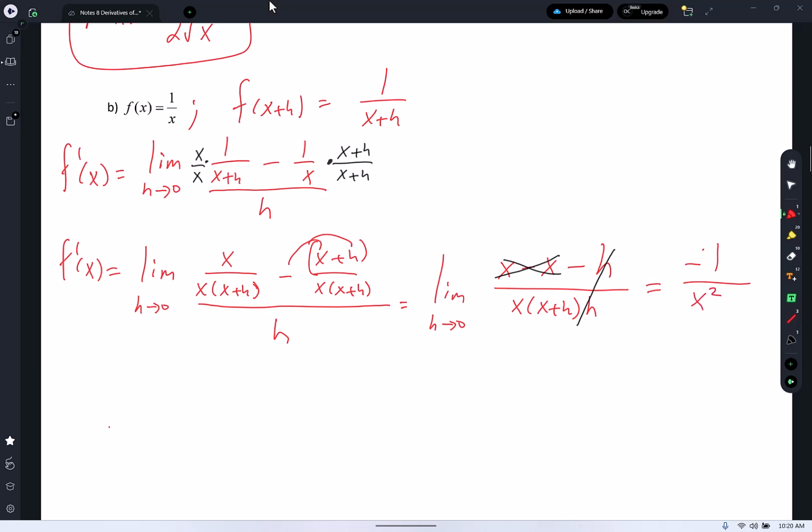So there it is. F prime of x equals -1 over x squared. That's my derivative. That's the derivative of 1 over x. Cool or not cool?